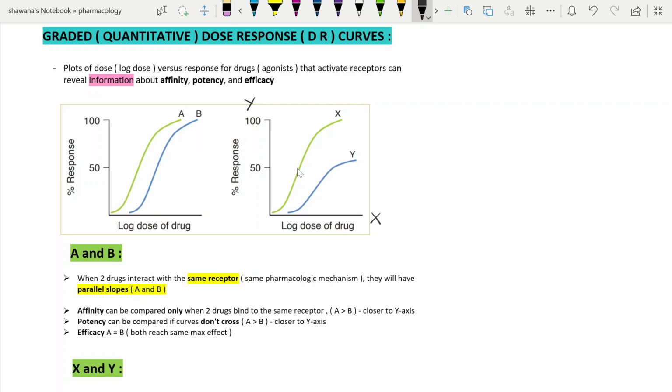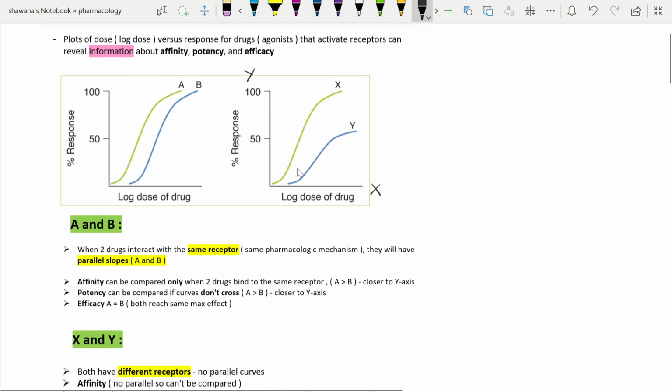There should be no intersection between those two curves. And efficacy is the maximal response that we can obtain from a drug, after which no higher dosage can produce further effect. So it's like effectiveness.